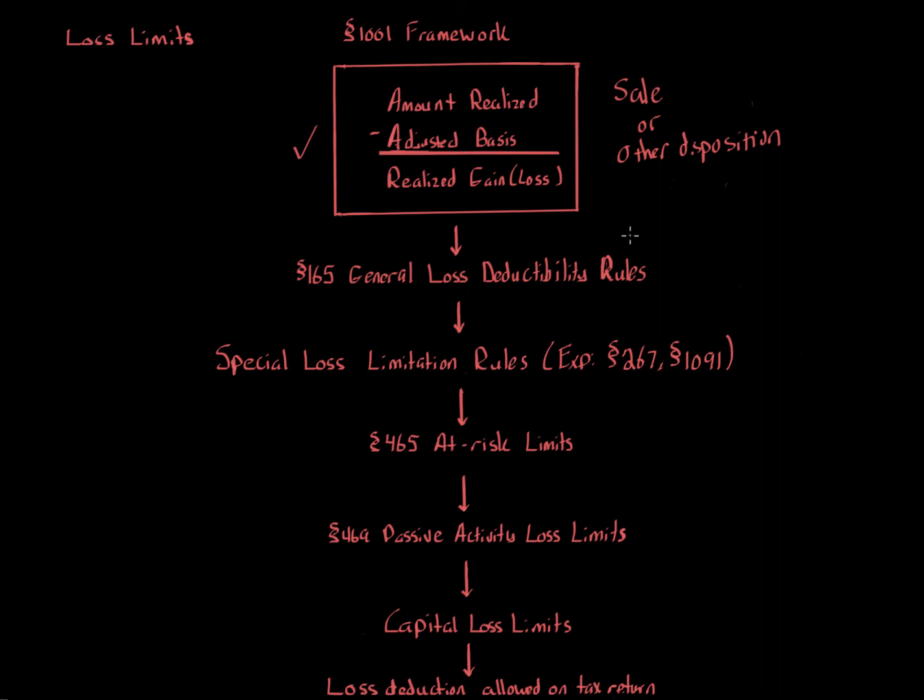Now, the reason it's called realized gain or loss, if you recall back to the beginning, the first concept talked about the definition of gross income. There must be three criteria met under the Glenshaw Glass decision to determine whether something is considered gross income: an accession to wealth, clearly realized, and dominion and control.